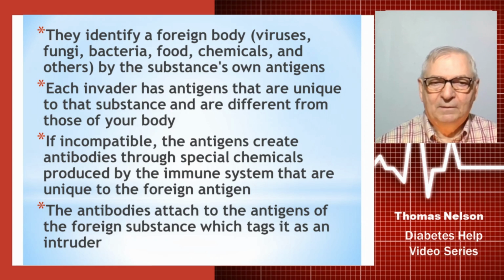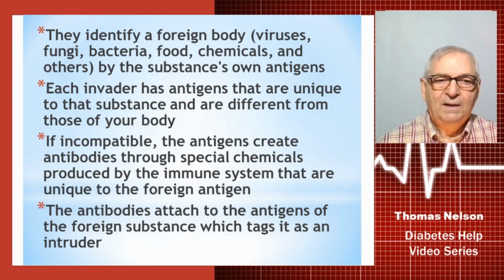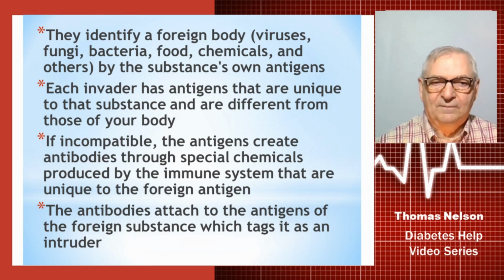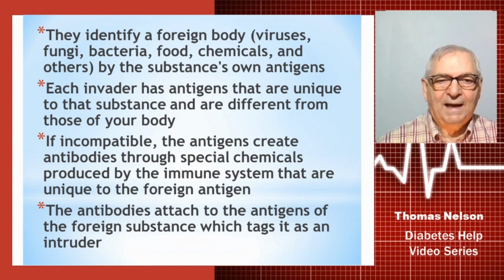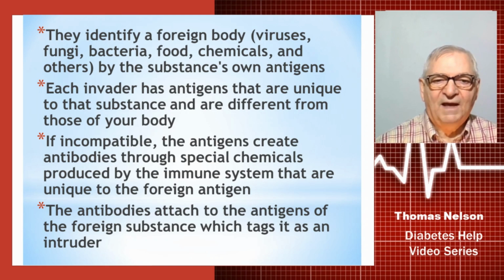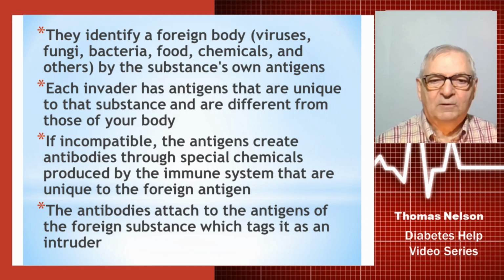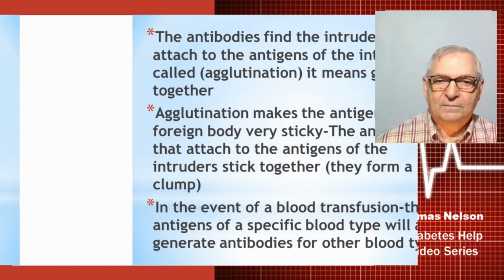If incompatible, the antigens are going to create, along with your immune system, the antibodies through special chemicals that are produced by your immune system that are going to be unique to that foreign antigen. The antibodies attach to the antigens of that foreign substance, and that will tag it as an intruder.